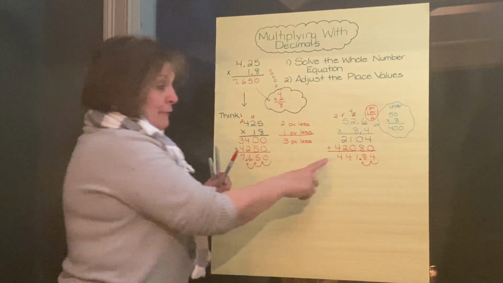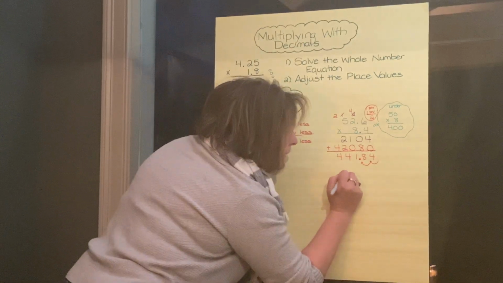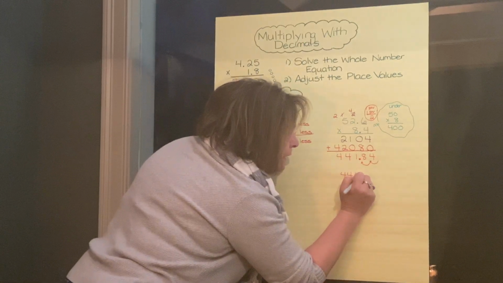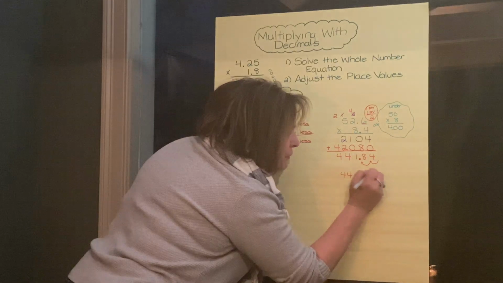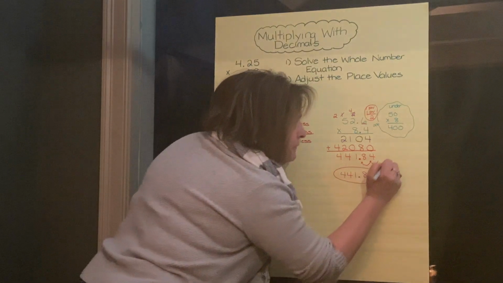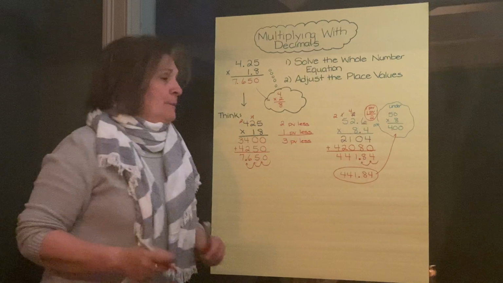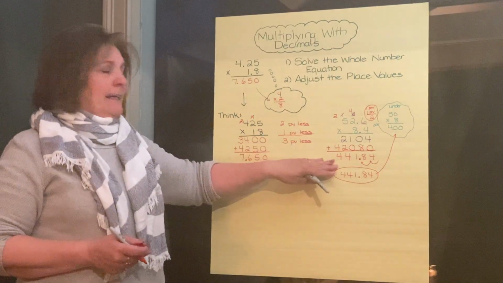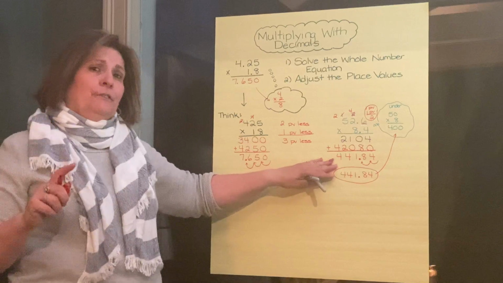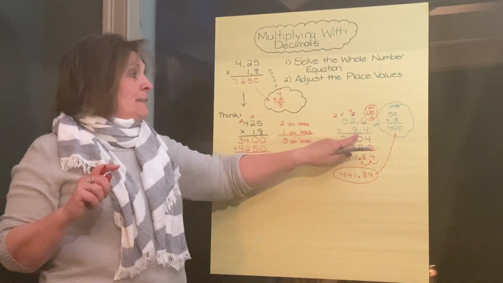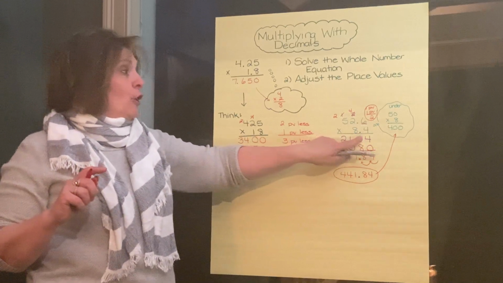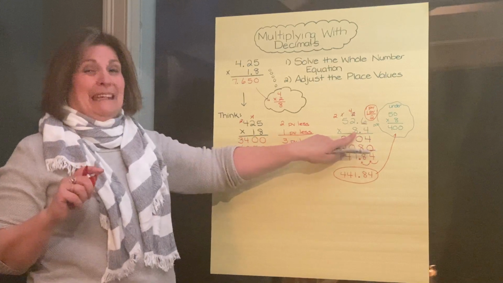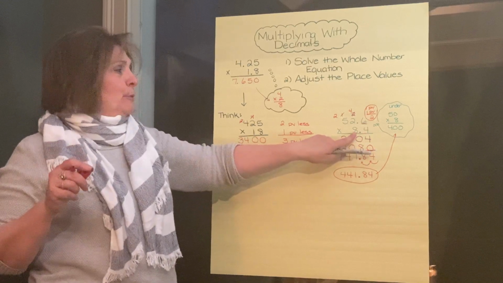And so if we compare this, we now have for our answer 441 84/100. And that is very close to our estimate of 400. So I didn't have to rewrite it. It is a little bit confusing to remember that if we're solving it for a whole number equation, this would be 84 instead of 8.4.